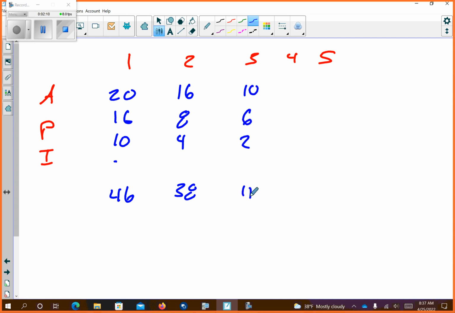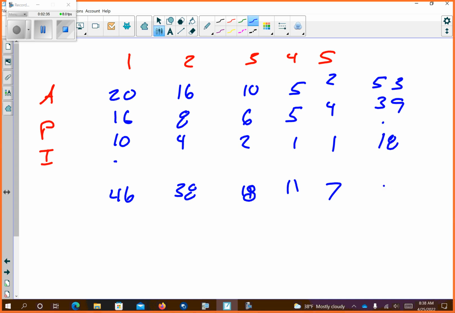There's 11 category 4. 5, 5, and 1. 3 is 18. And then that is 11 and 2, 4, 1, which is 7. And then we have 53 as a total over here, 39 as a total over here, and 18 here. So we have 110 total scenarios.